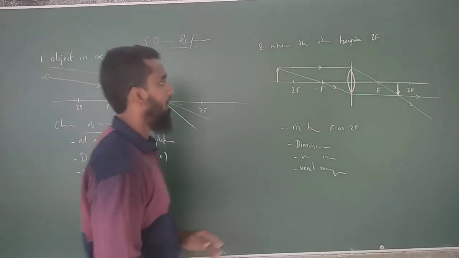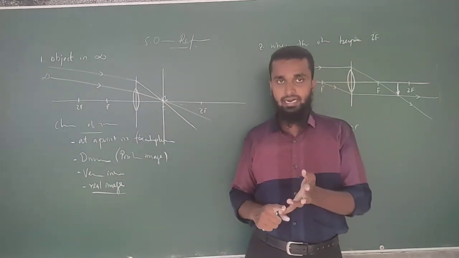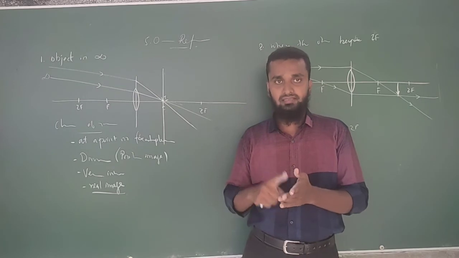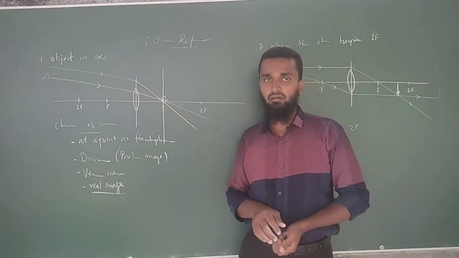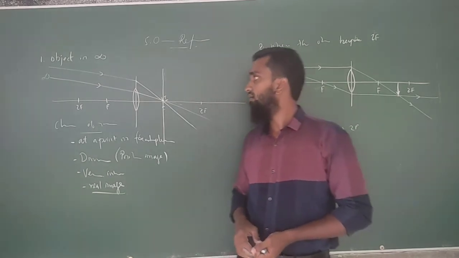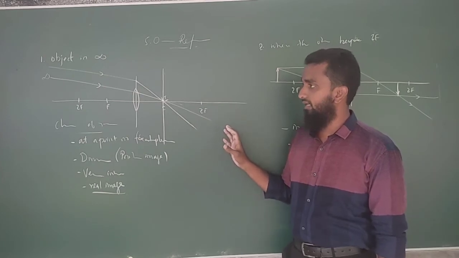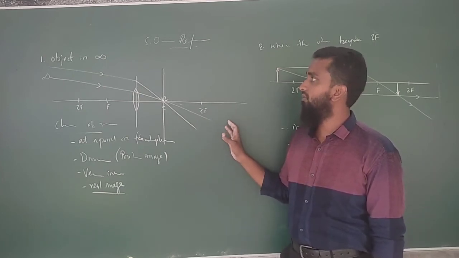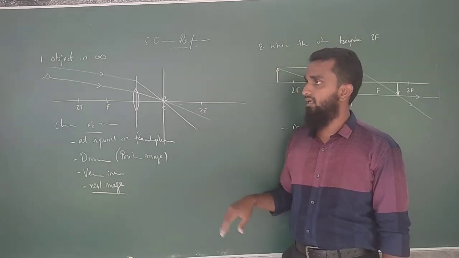Okay, now look at your book and draw the third ray diagram, fourth, fifth and the sixth ray diagram, right, and send it to me via WhatsApp to my personal number. Okay, right? This is the basic knowledge about the ray diagrams that we are drawing in the lenses, right?